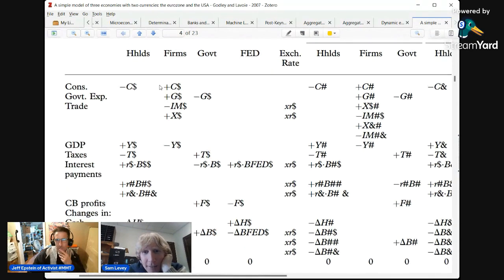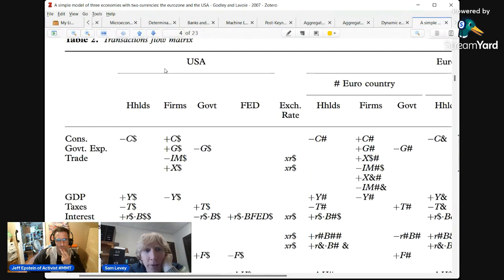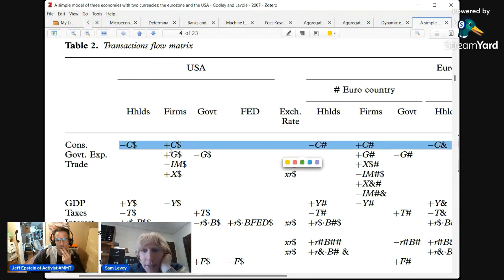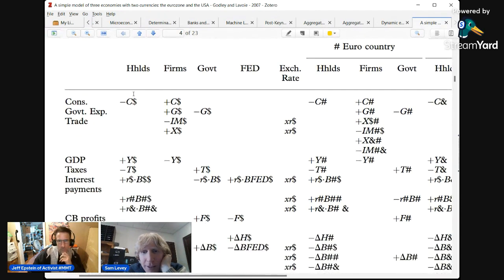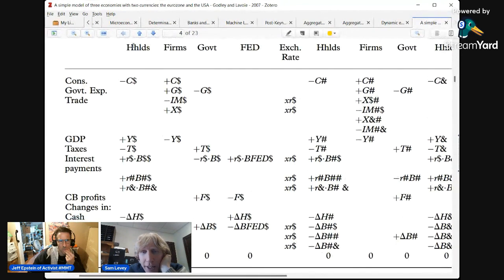Anyway, so same thing we're back here now. So this is a transactions table. If you read it horizontally, it's showing you things go from where to where. When the household spends money, here's where it shows up. And then if you read it vertically, it's showing you all the things that happen with whoever you're talking about.